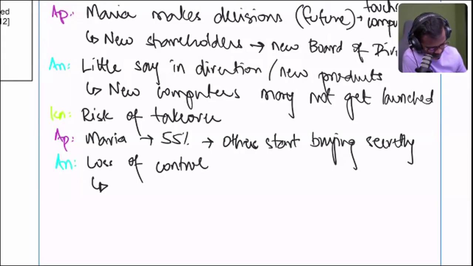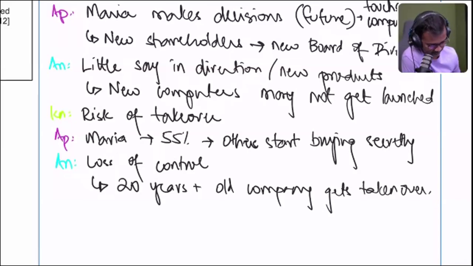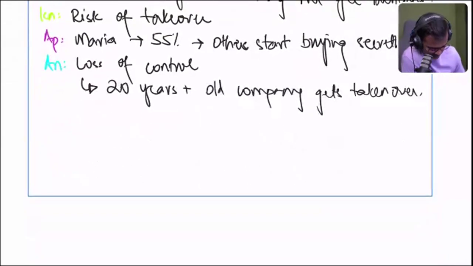And just explain that this is something that she's been running for 20 years, a 20-year-plus old company, right? Gets taken over. So she loses her 20 years. Basically, that's what I'm getting at. Okay. And then once again, make sure you evaluate it towards the end.